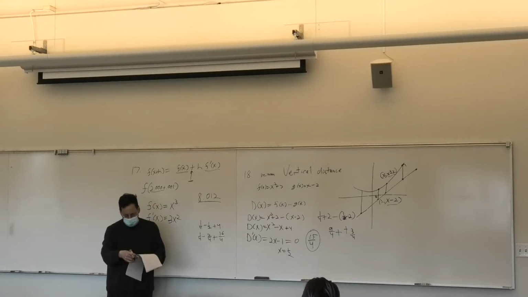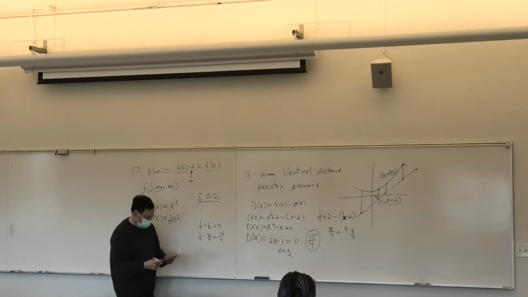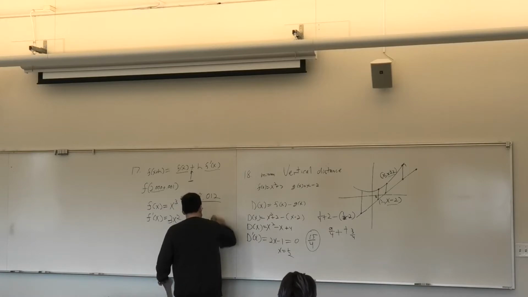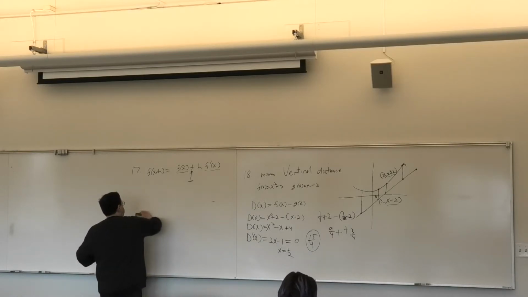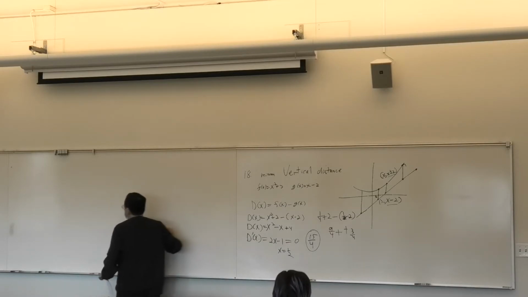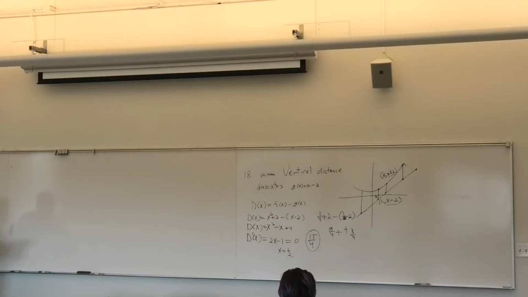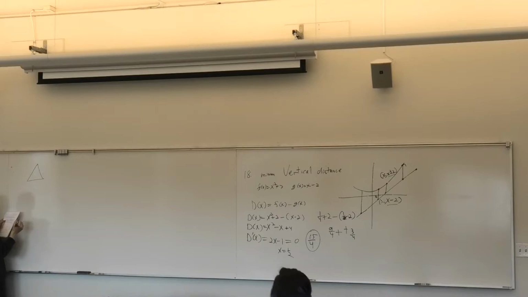Okay, now for the big problem. I guess when I did the step-by-step stuff, I tried to make it easy, and I failed. We have a triangle, an equilateral triangle.